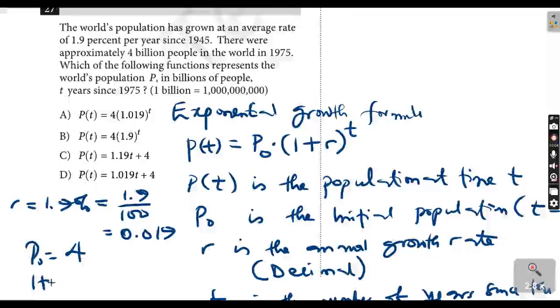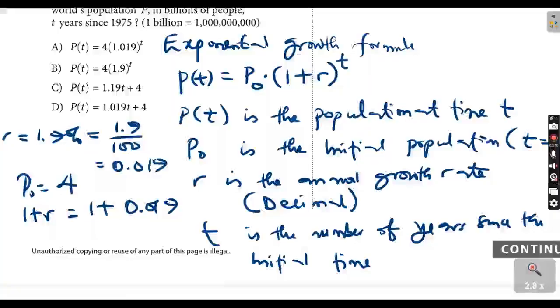So what will our 1 plus R be? It will be 1 plus 0.019, which is simply 1.019.